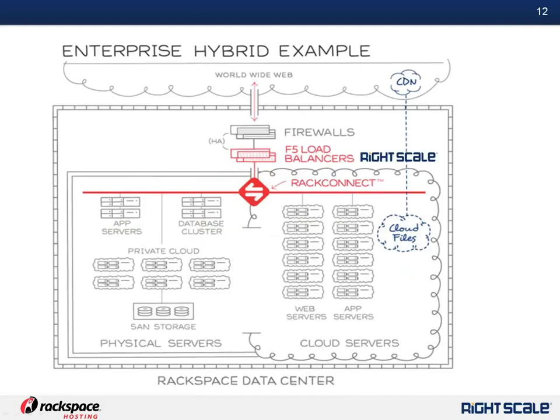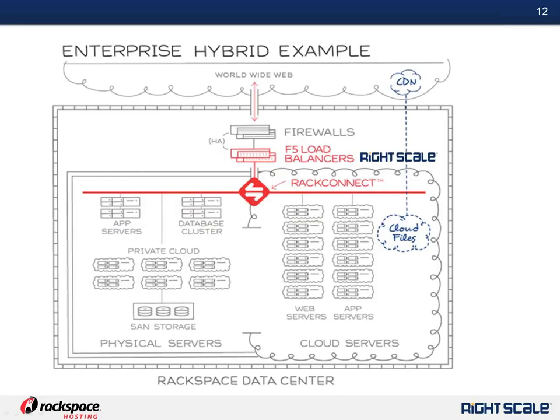This is a picture that's probably more similar to the environment for an Under Armour that we saw before. And this just shows what an enterprise business or a large online business might use. We've got high availability in the network stack for firewalls and load balancers, and we've got clustering for the database. You've got the capability to run private cloud, which is single tenant, but it gives you obviously some of the flexibility of cloud in terms of provisioning and reallocating resources.